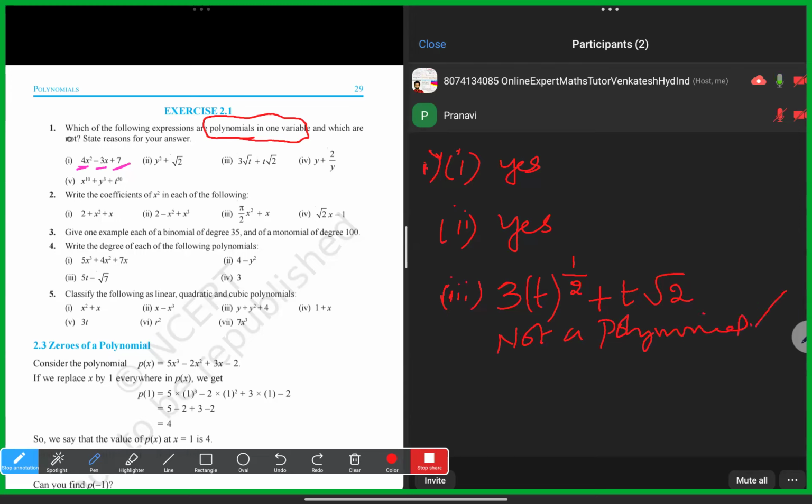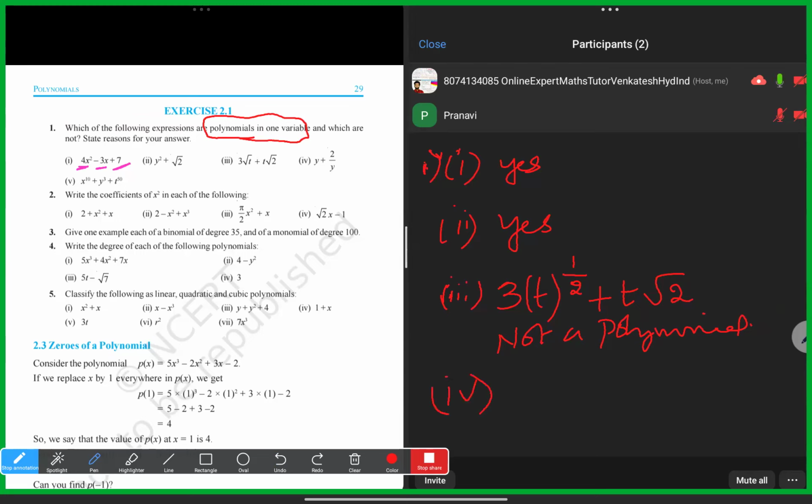Because the main heading is, which of the following are polynomials? First it should be a polynomial, then in one variable we need to check. So this particular algebraic expression is not a polynomial, because we already read the conditions on the polynomial's variable power.